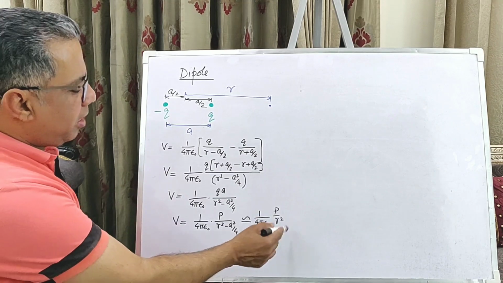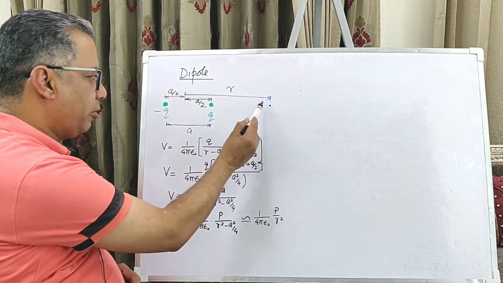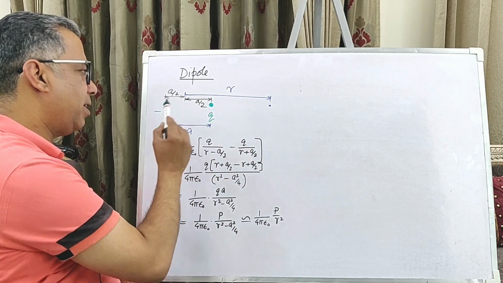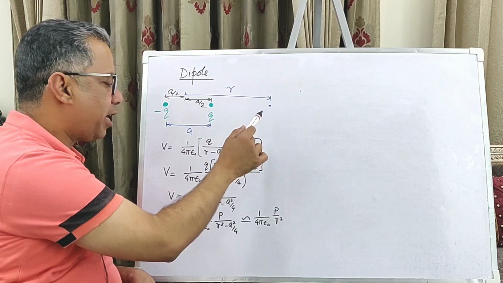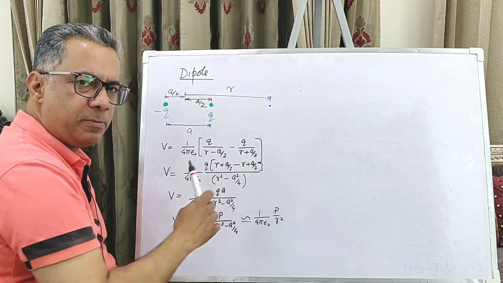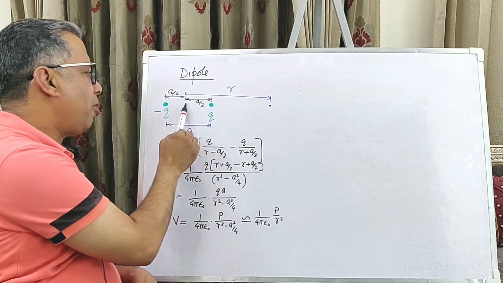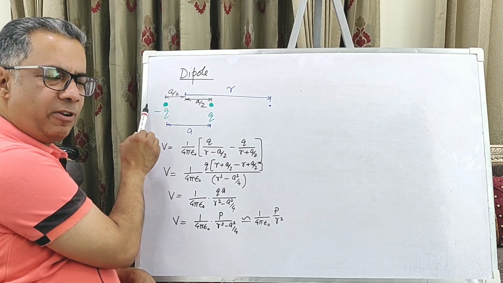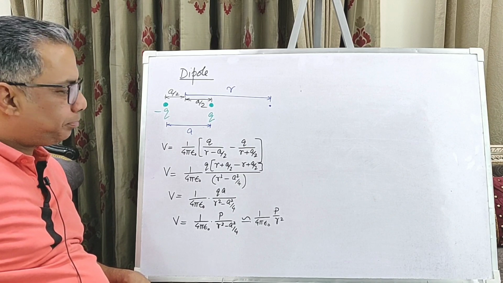Now this potential will be positive over here because the positive charge is closer to the point and the negative charge is farther from the point, and therefore the positive potential is larger than the negative potential, and therefore we have a positive potential. But if along the axis you move to a point to the left of the dipole here, the negative potential will be higher and the positive potential will be lower.